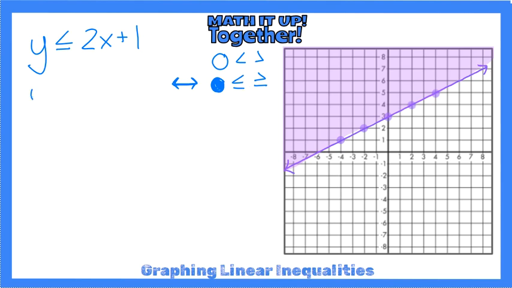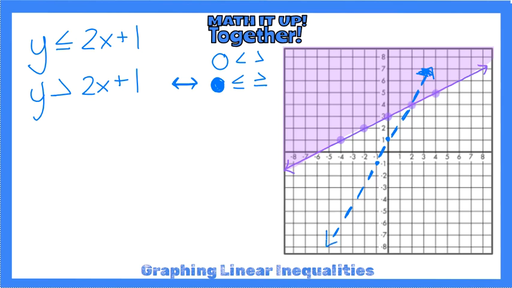Then if we have a less than or greater than symbol, then we would use a dashed line. So this line would look like this, and the line is not part of the solution, so we would graph this line as a dashed line, meaning it's not part of the solution.